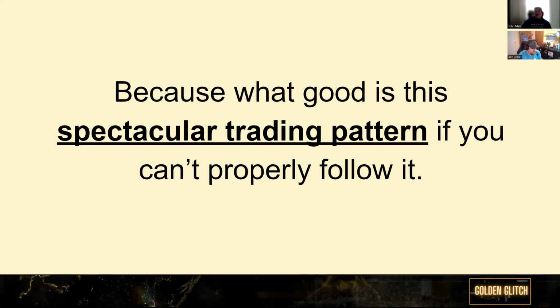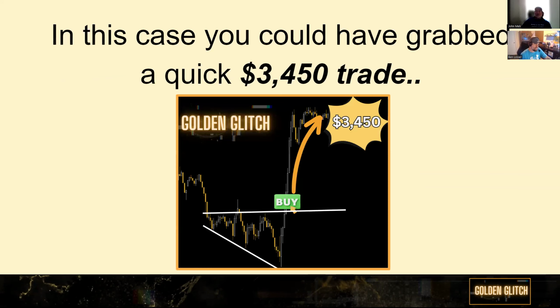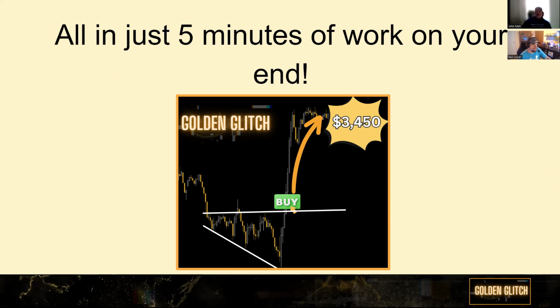Because what good is a spectacular golden glitch pattern if you can't properly follow it? In case you could have grabbed this great $3,450 trade. Wow. All in 5 minutes of working on your end.